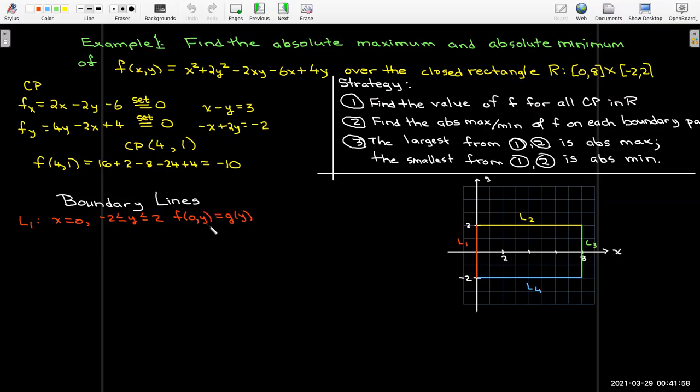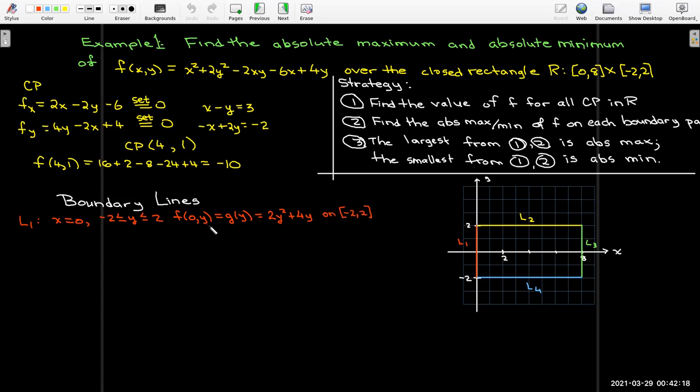I'll call that g of y, and its formula is 2y squared plus 4y. So now I'm left with a calculus 1 problem. I've got a function of a single variable on a closed interval from -2 to 2.